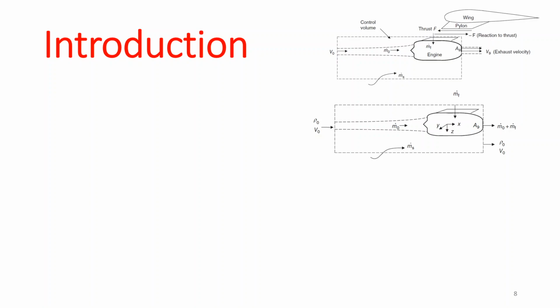But the next step is, of course, to apply the momentum equation. The integral form of the momentum equation in the x direction looks like this. Your momentum out in the x direction minus the momentum in the x direction is going to be equal to the summation of forces being applied to the fluid in the x direction. Okay.